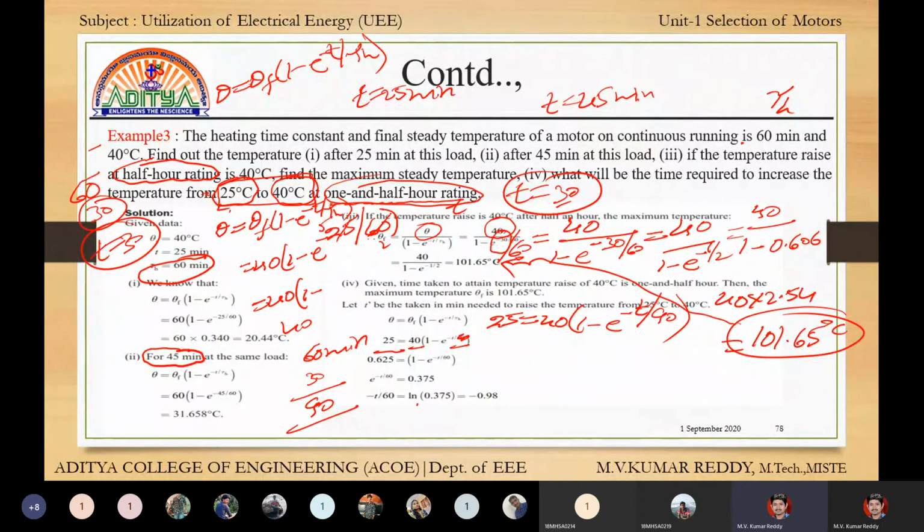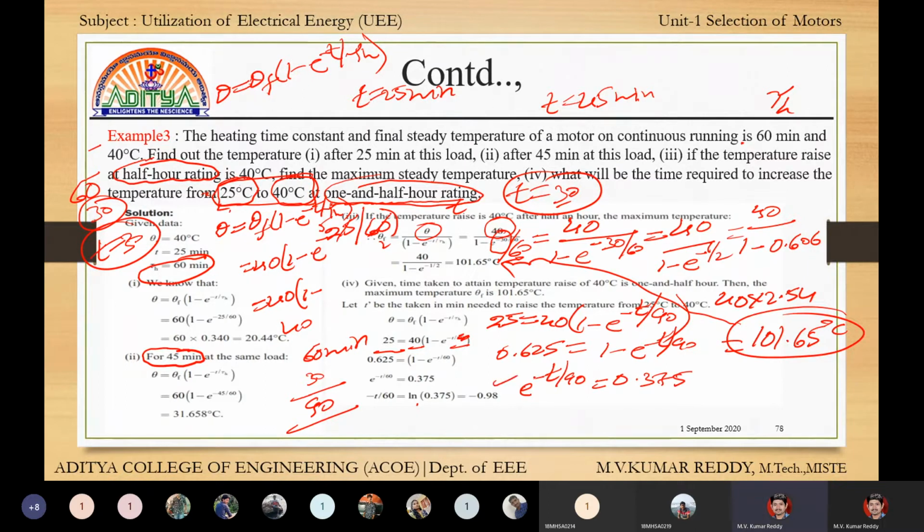Now 25 divided by 40 is 0.625, equal to 1 minus e power minus t by 90. 1 minus the answer gives e power minus t by 90 is equal to 0.375.